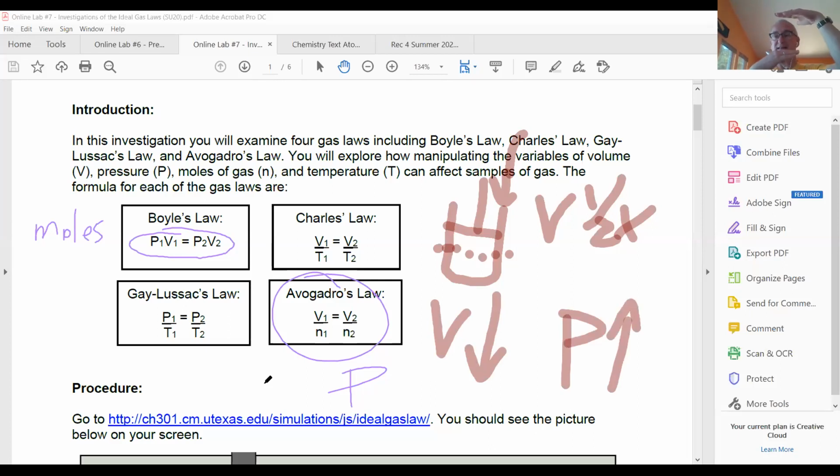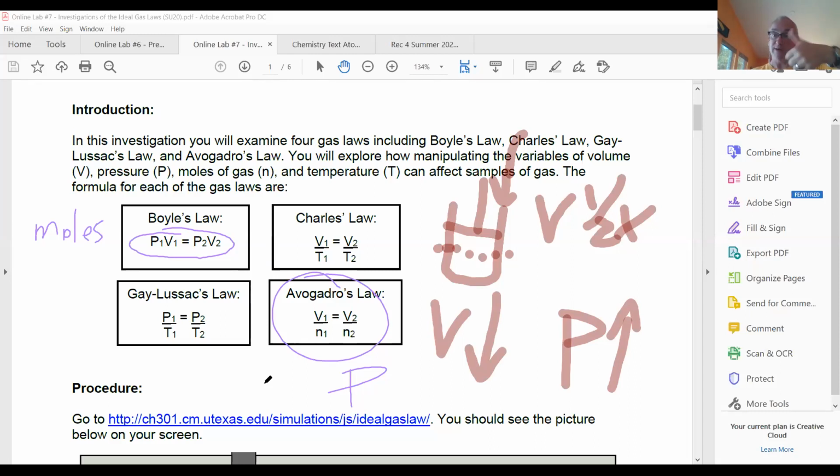Because basically I've taken the same amount of gas, and when I squeeze it, there's now more gas molecules in that smaller space. There's more molecules per space than there was before. So now that I've reduced the volume, those molecules are going to hit the sides of the container a lot more quickly because the container is now half the size.